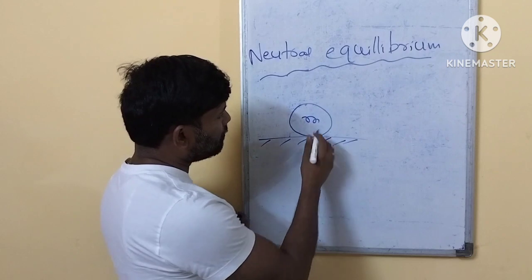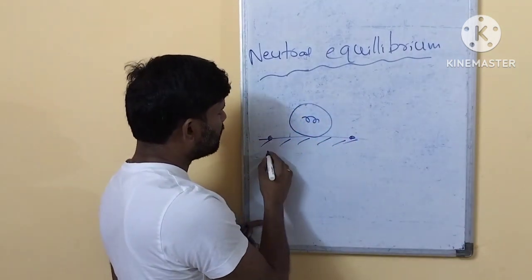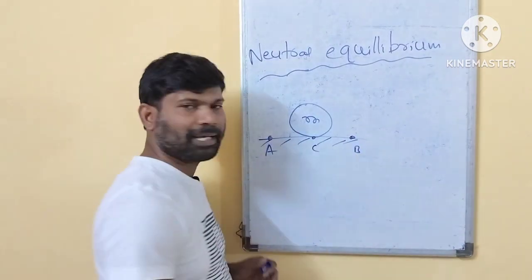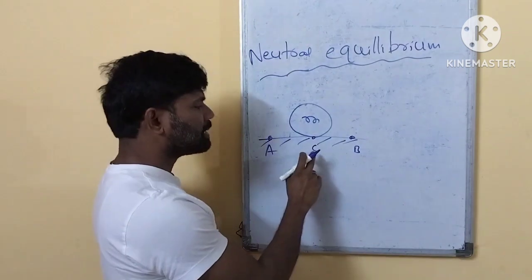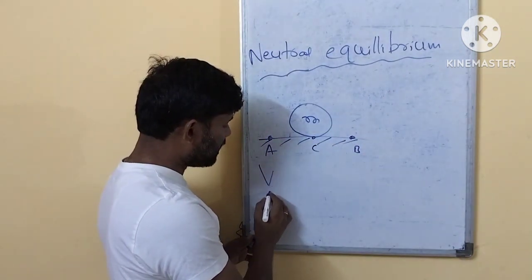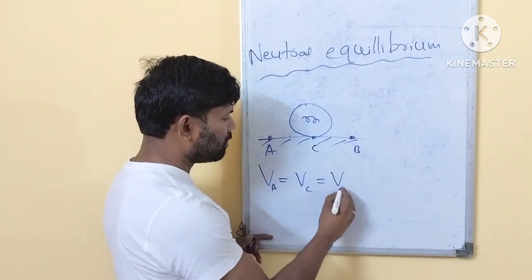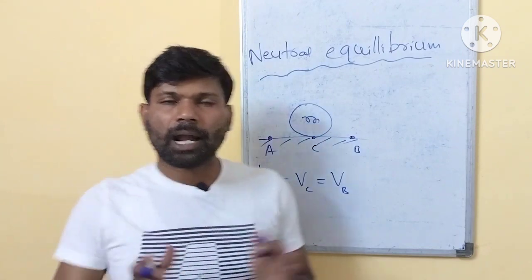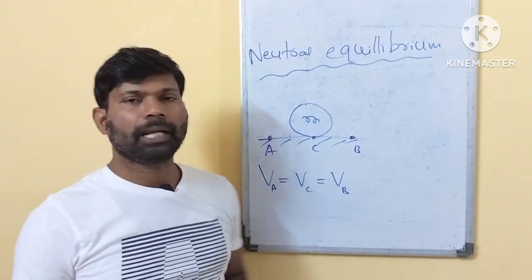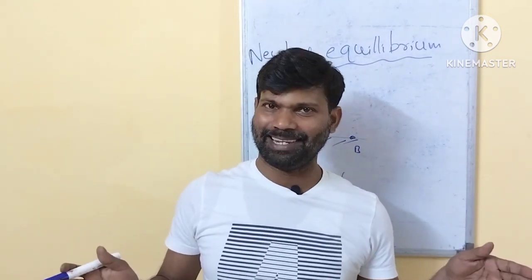surrounding the ball, here you take, this is A, this point is C, this point is B. So at A, at C, at B, the potential, I am calling VA is equal to VC is equal to VB. Means surrounding points A and B are also at the same potential level.